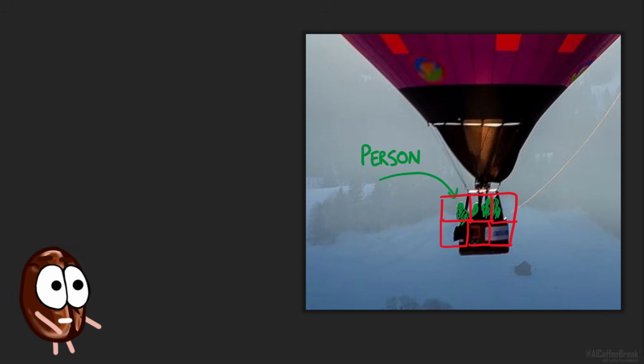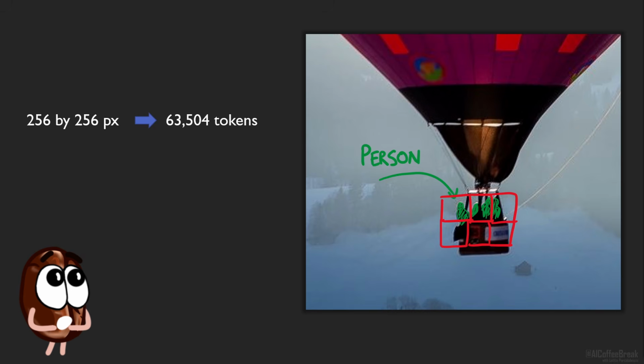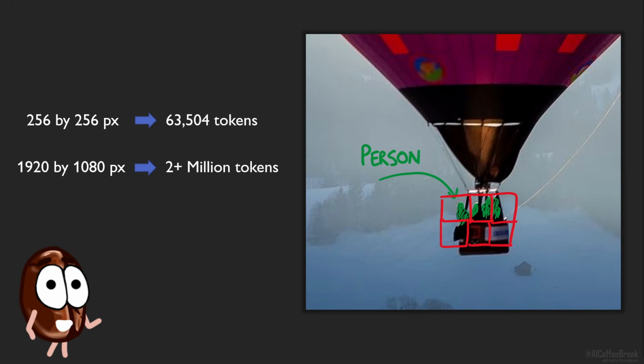So ideally, we would handle every pixel as a token, but this would quickly become infeasible. For example, a 256 by 256 pixel image would already require a transformer handling sequence lengths of over 63,000 tokens. A full HD image of 1920 by 1080 would require already a sequence length of over 2 million.